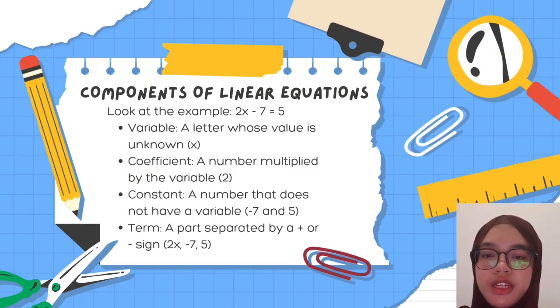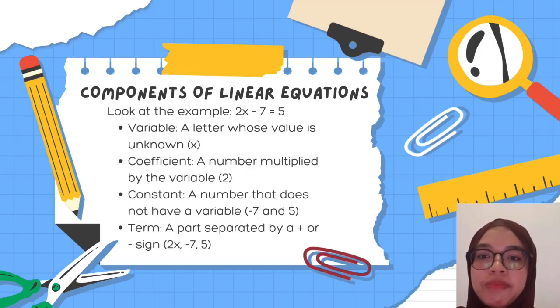Components of a linear equation. Look at the example: 2x minus 7 equals 5. The variable is the letter whose value is unknown, x. The coefficient is the number multiplied by the variable, which is 2.